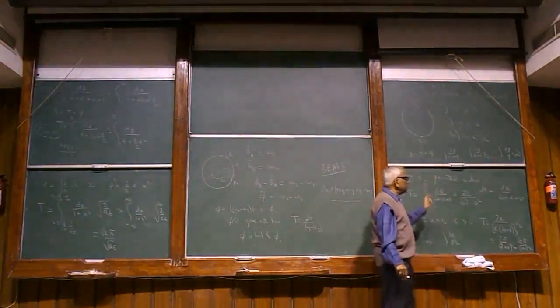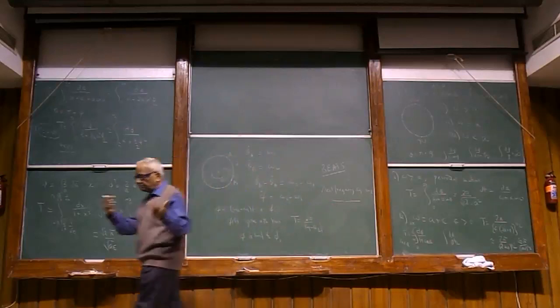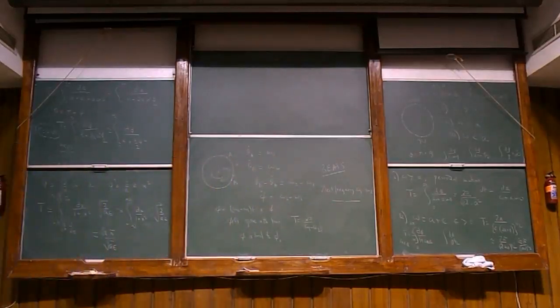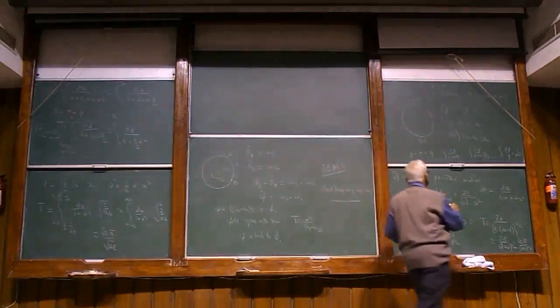You don't need to depend upon the existence or your ability to do the exact integral. If you want to get the asymptotic answer, you just look at the behavior of the integrand and get an answer.